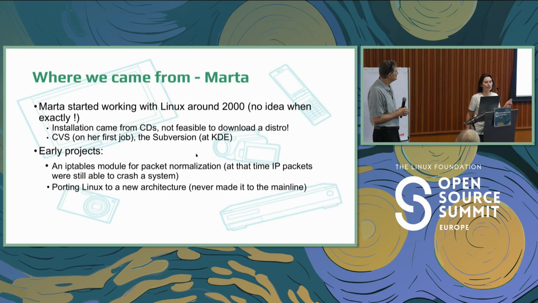If you do not know, in CVS doing branches is quasi impossible. So one of my first projects was creating an iptables module to normalize networking packets because at the time network stacks were still crashing when they received funny packets.